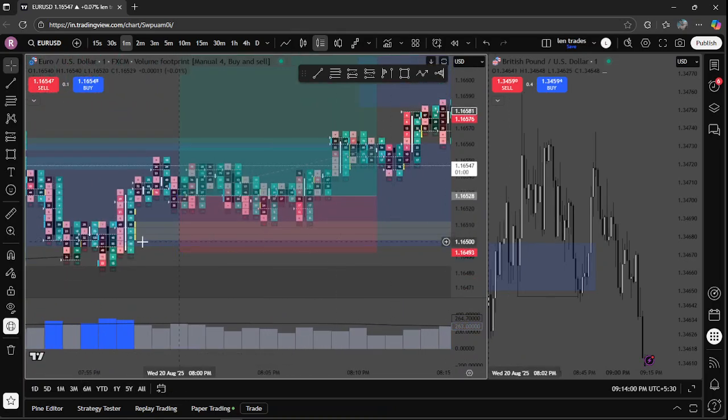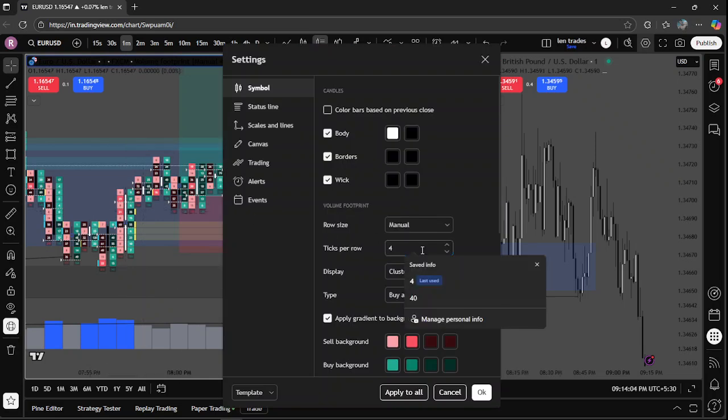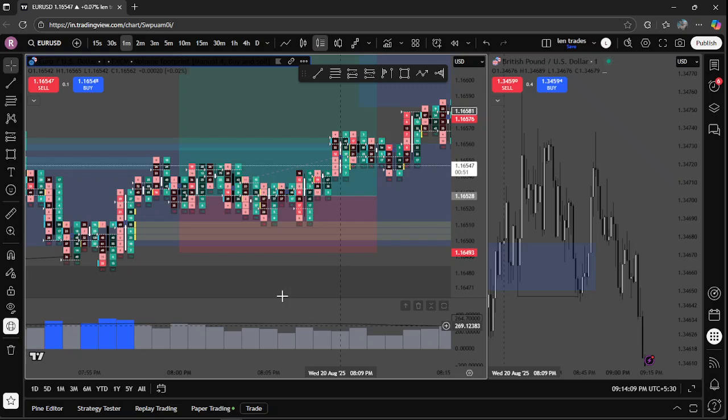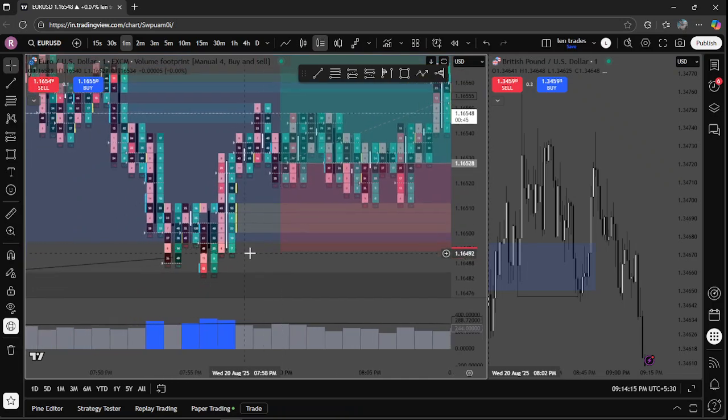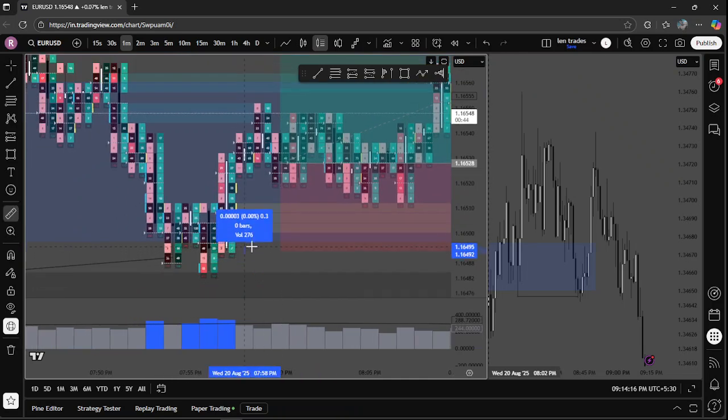You can see there's these light colors, but that depends on how much tick per row. One block here, how much is it? In this 4 setting, this one's giving you 0.4 pips worth of data.